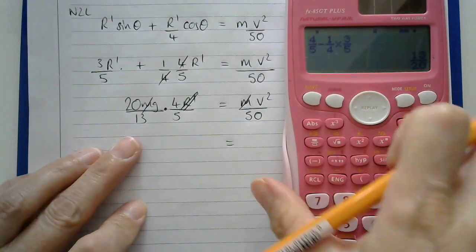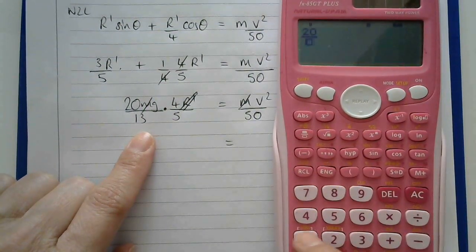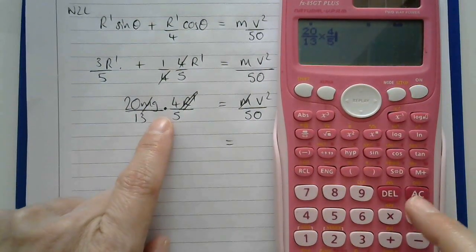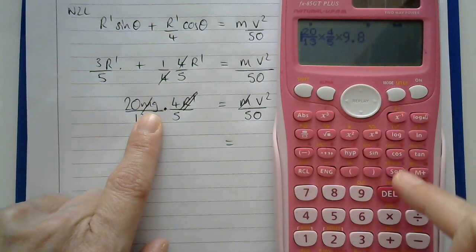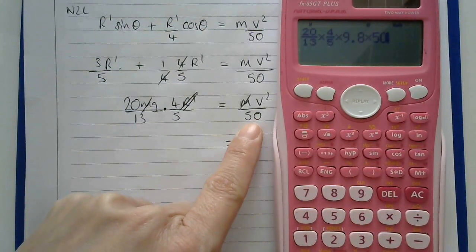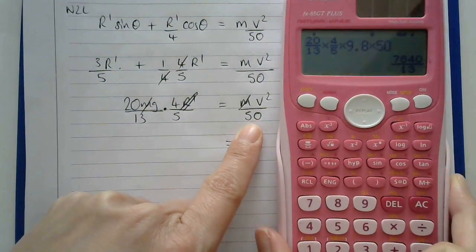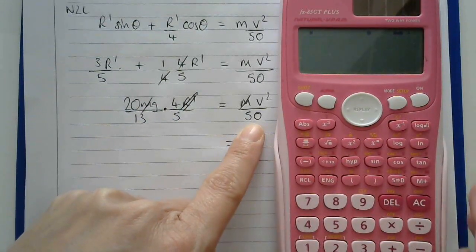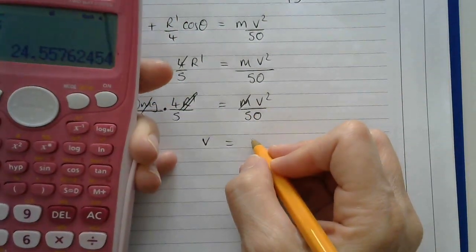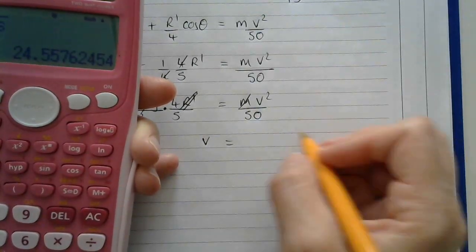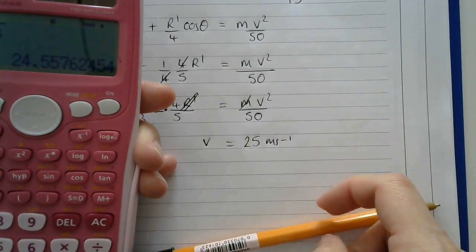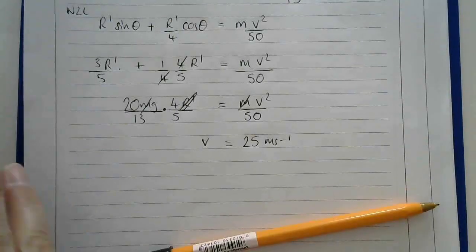So this time I get 20 over 13 times 4 over 5 times 9.8 times 50, and so I get this square rooted gives me this thing, and so I get v is 24.55 and so on, so that will round to 25 meters per second, or 24.6 meters per second.